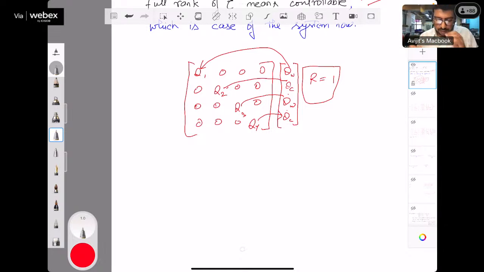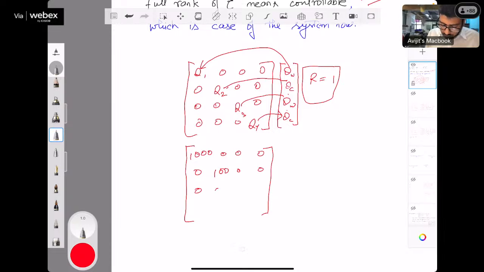What does that mean? I'll give you an example. Suppose our Q matrix is 1000, 0, 0, 0, 100, 0, 0, 0, 0, 1, 0, 0, 0, 10. In this situation, theta W has the highest weight.